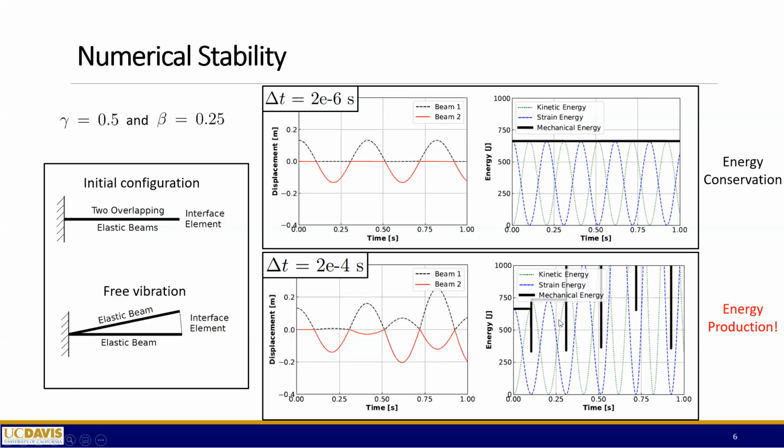More clearly, when we see the total energy of the system, this energy is constantly increasing, and increasing really fast. Within just a few cycles, it completely blows up. So in this case we observe energy production in the whole system. In other words, it's numerically unstable.